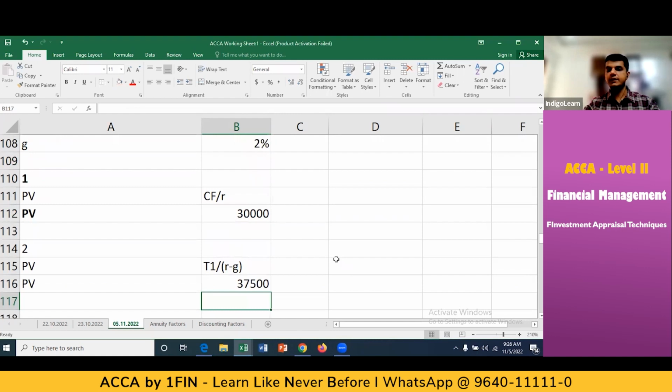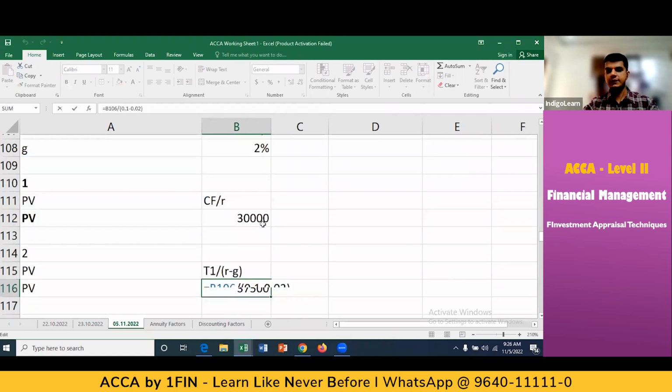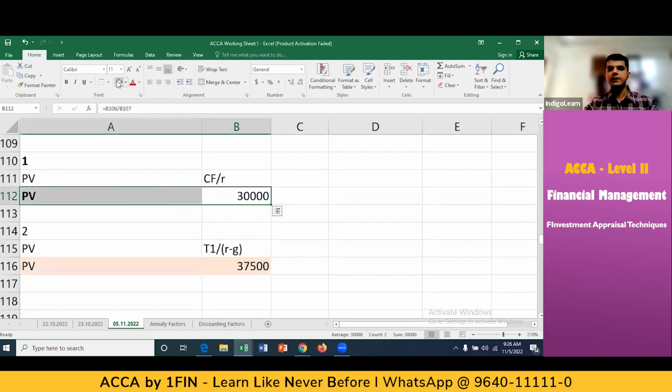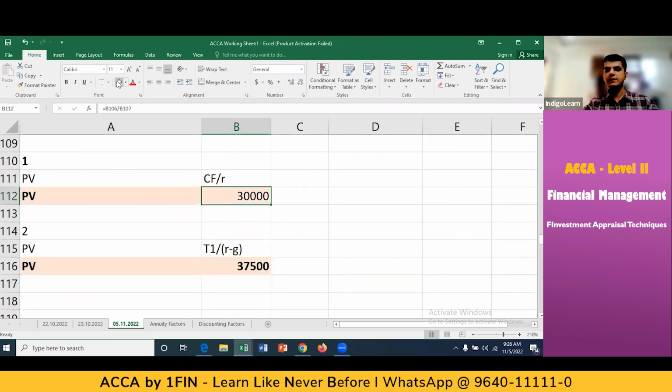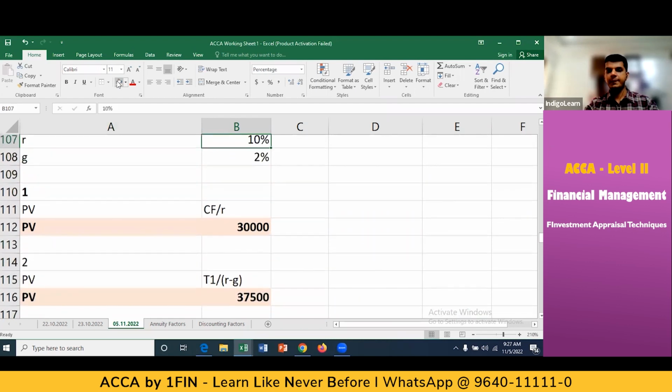If we have to take the growth factor also into account, then the T1, that is 3,000 divided by 10% minus 2%, that is our rate of interest minus the growth factor, immediately we'll get the amount as 37,500. So obviously if there is a growth factor involved, the amount is more. And if there is no growth that we are envisaging in the amount, then the amount is directly coming to 30,000. That is just cash flow divided by the discounting factor. Okay.